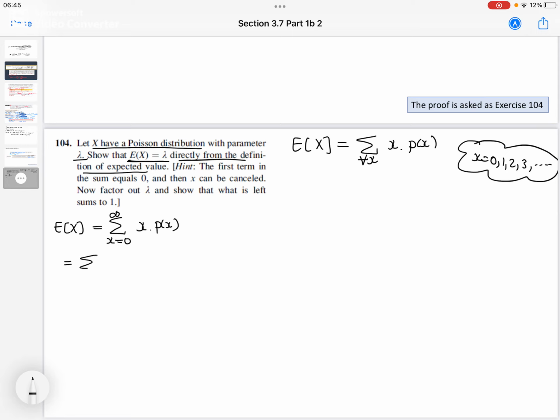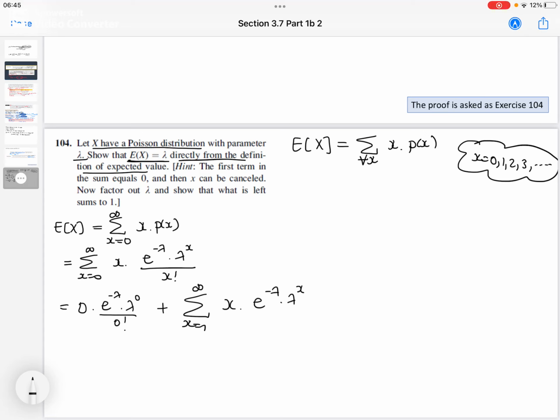Okay, so now this is equal to the sum, x equal to 0 to infinity, of x times e to the power minus lambda times lambda to the power x divided by x factorial. All right, so now if my x is equal to 0, I'll have 0 times e to the power minus lambda times lambda to the power 0 divided by 0 factorial, plus the sum, x equal to 1 to infinity, of x times e to the power minus lambda times lambda to the power x divided by x factorial.